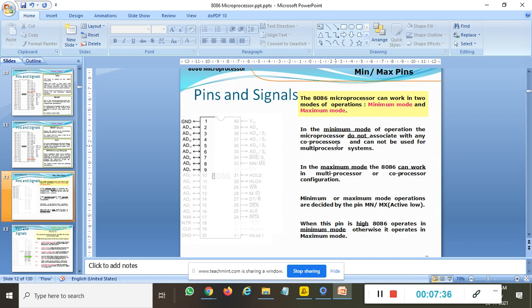In minimum mode, the microprocessor operates as a single processor, is not associated with any other co-processor, and cannot be used for a multi-processor system. But next, in maximum mode, the 8086 can work in a multi-processor or co-processor configuration.